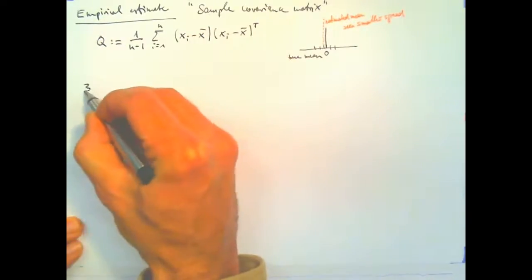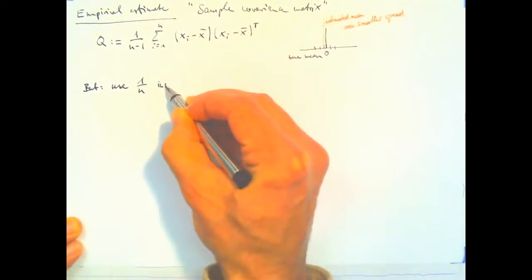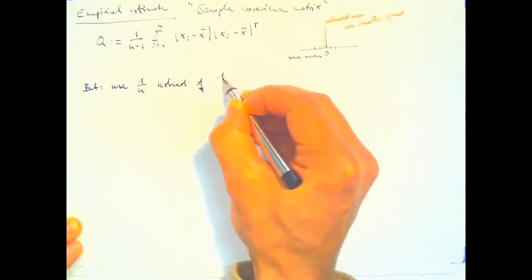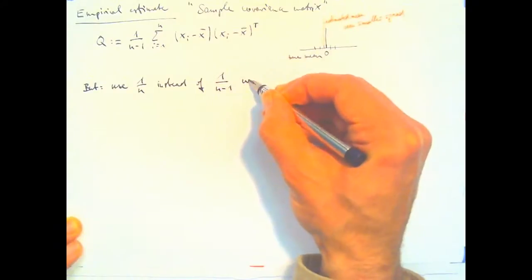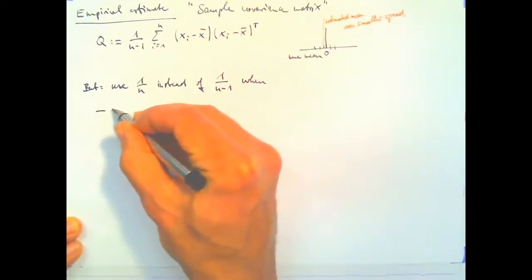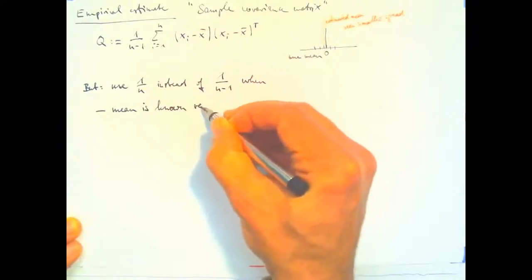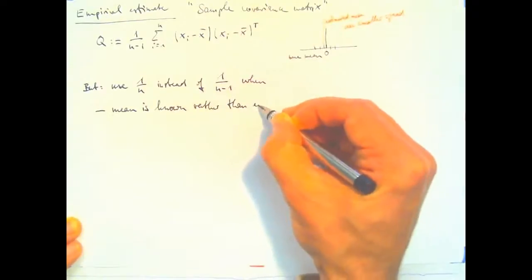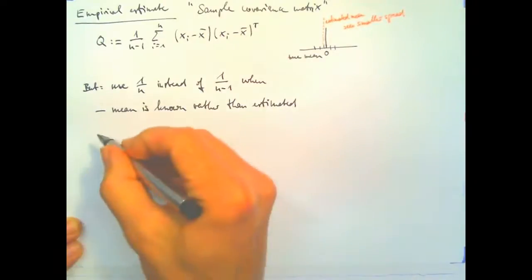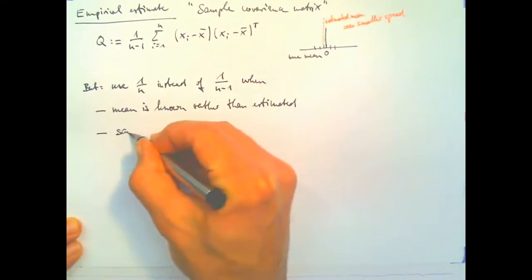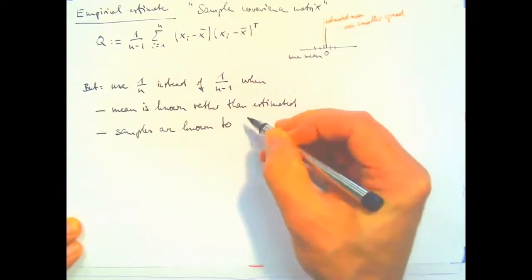You should use 1 over n instead, in the following cases: either when the mean is known rather than estimated, or when the samples are known to come from a Gaussian distribution.